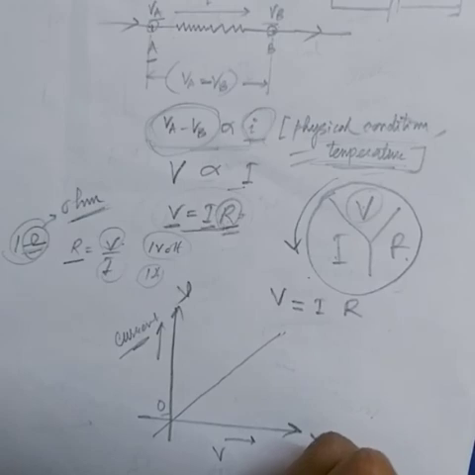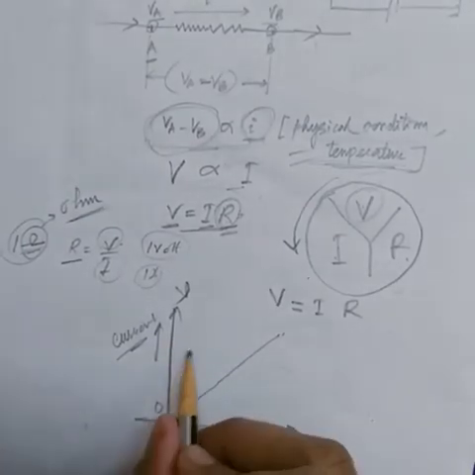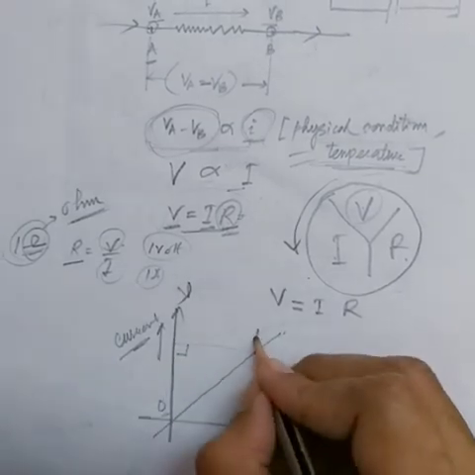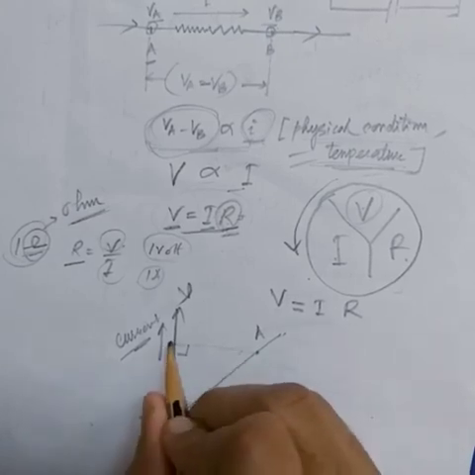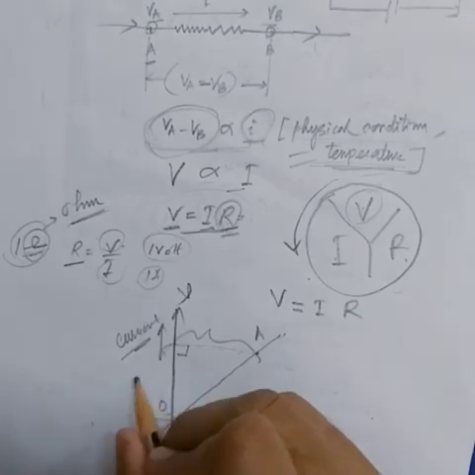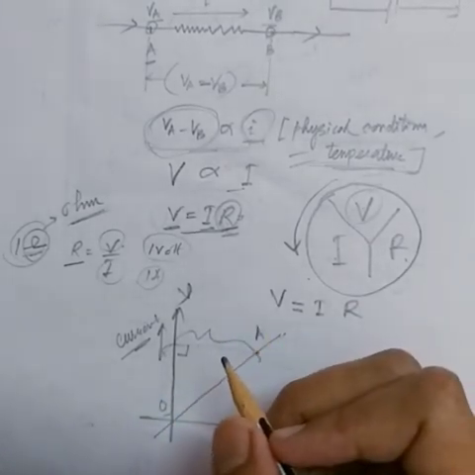And if you find the slope between these two points, suppose you consider any point A over here and drop a perpendicular from this point, the length over here denotes delta V and this one the change in current, so their ratio will give you the resistance of the particular material. So that's all for this.